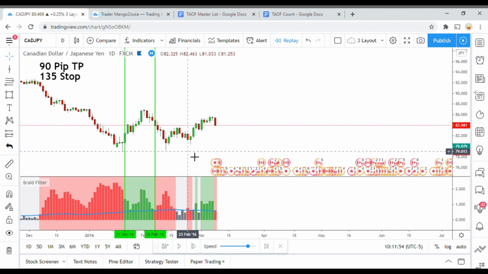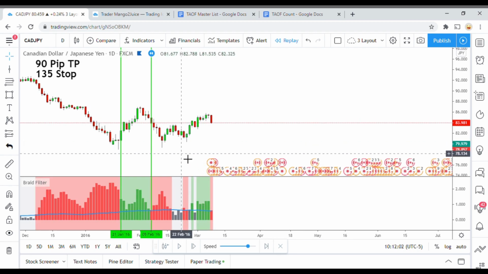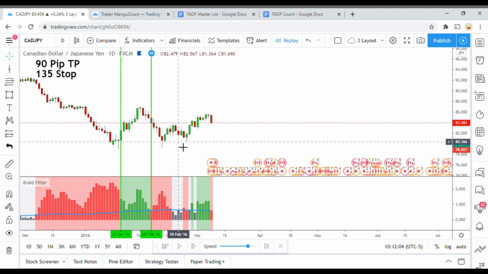It gave us a short right here. That would have been a dangerous short to take, and this is where we have to be mindful of what price action is doing along with our indicators. This would have been a dangerous short to take in that we had two significant double bottoms right here, both of them again with these really long wicks, and this short was heading headlong into this area of support here.